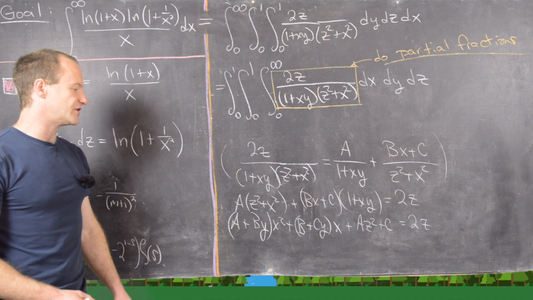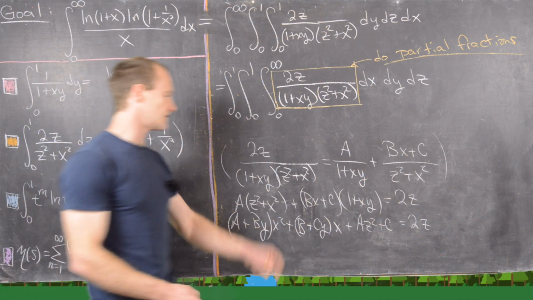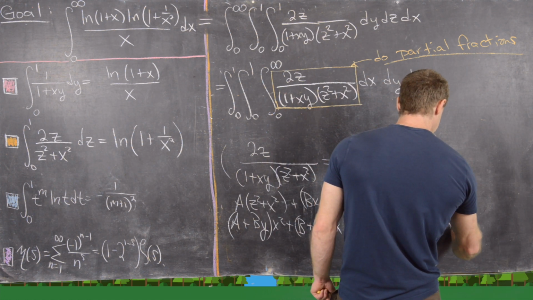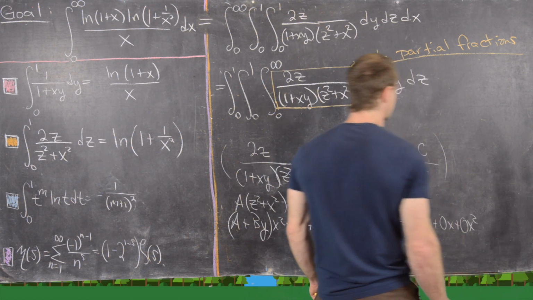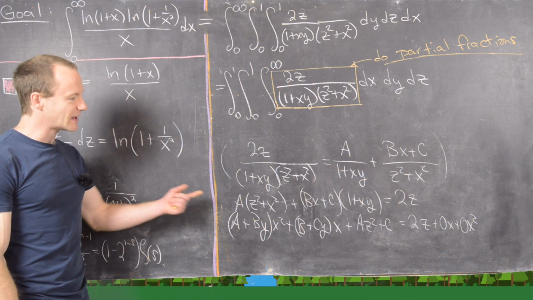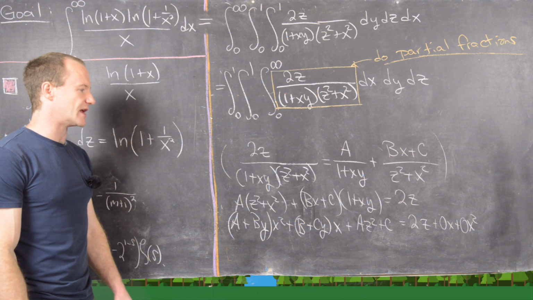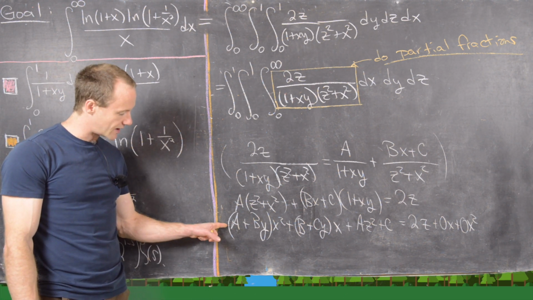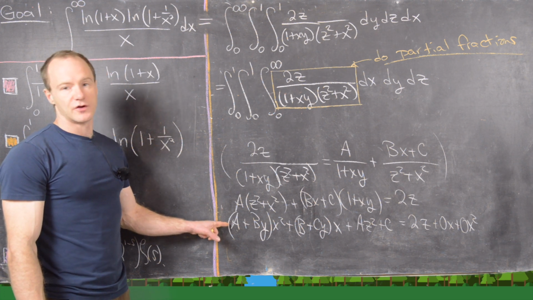But now what we want to do is equate coefficients. So let's think about this right-hand side as 2z plus 0 times x plus 0 times x squared. Okay, great. So I'm going to clean up the board, and then we'll look at what system of equations we need to solve based on this large polynomial equation.